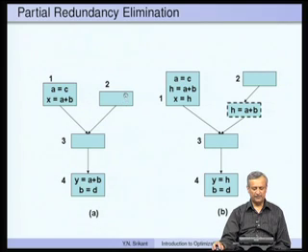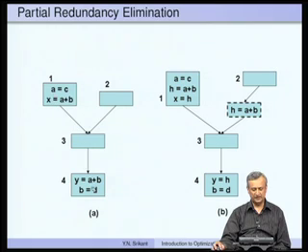So, if we had A plus B here also, for example, some z equal to A plus B, then we would have detected that this A plus B is a common subexpression, because it is computed here and here, and the GCSE algorithm would have been applied. But now it is computed only along this path, and it is not computed along this path before this particular computation. So, such a computation is a partially redundant computation.